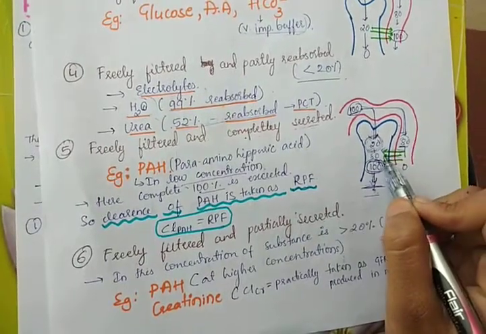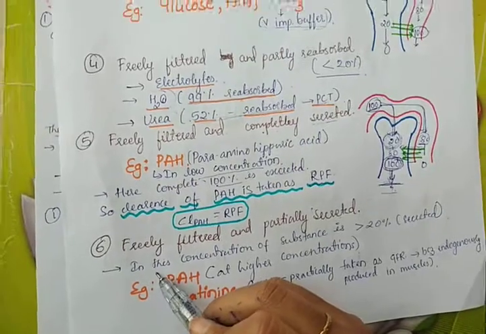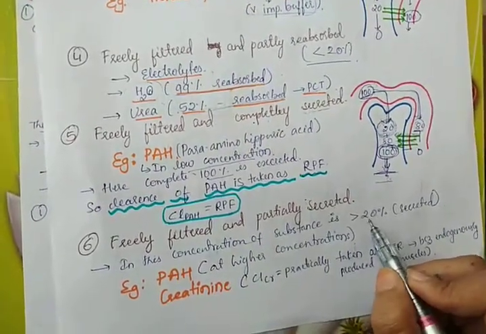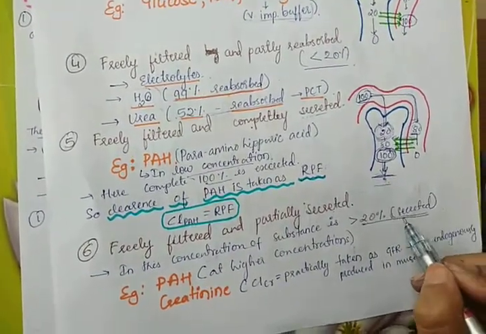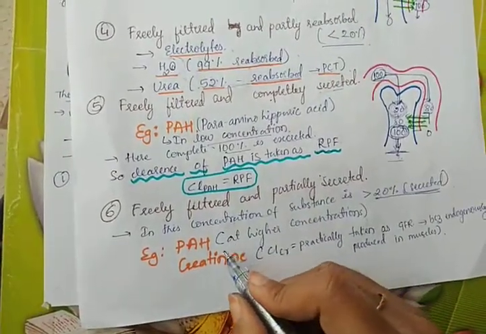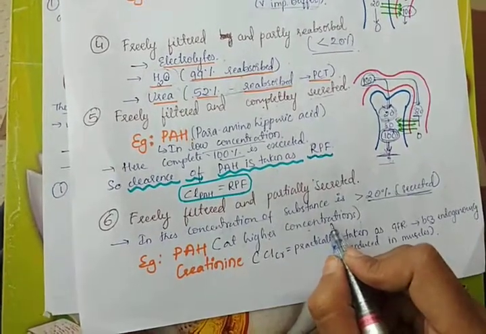Only a partial amount of it is secreted back into the nephron. So the concentration of this substance in the nephron or urine becomes more than 20% as it is secreted into the nephron. Example for these substances is para-aminohippuric acid at higher concentrations.